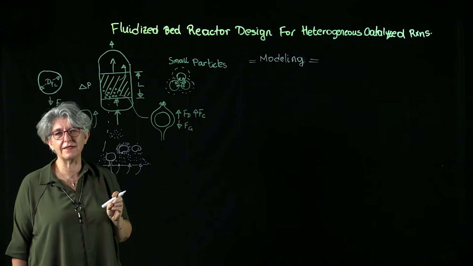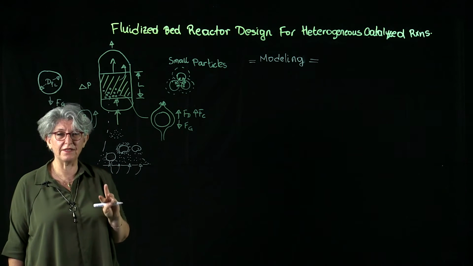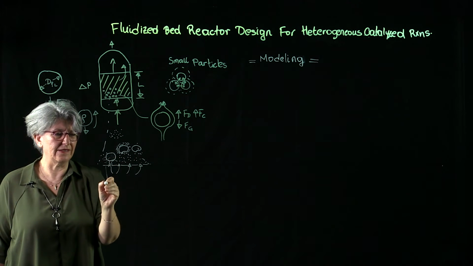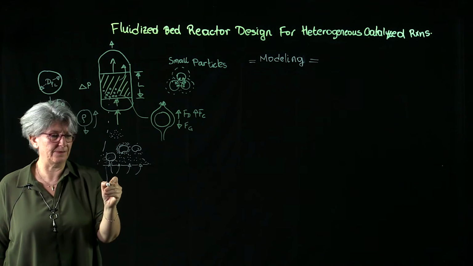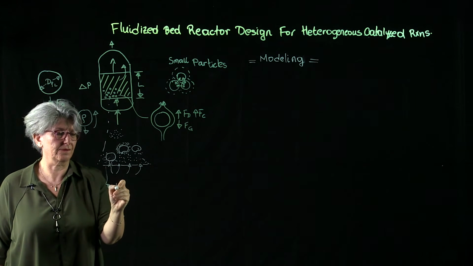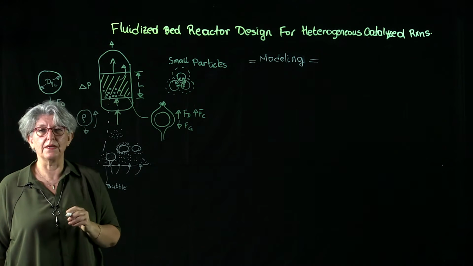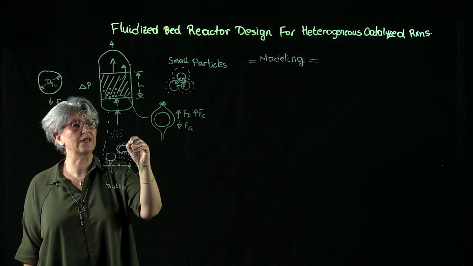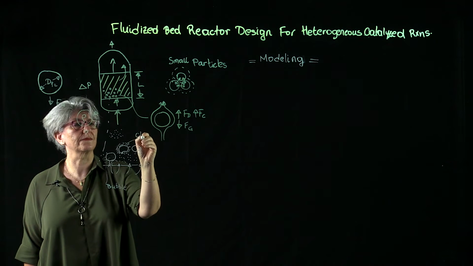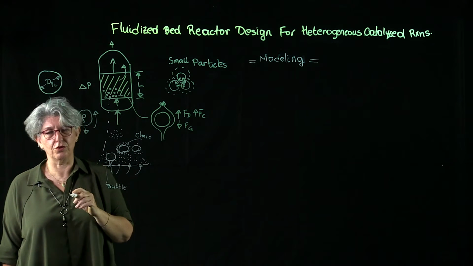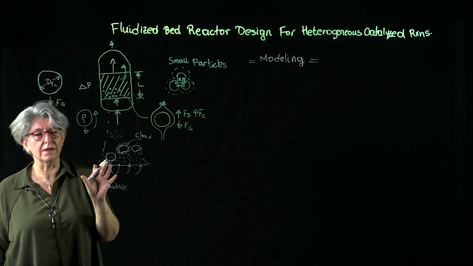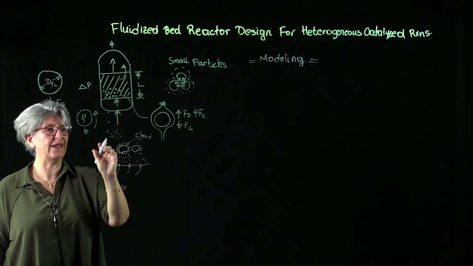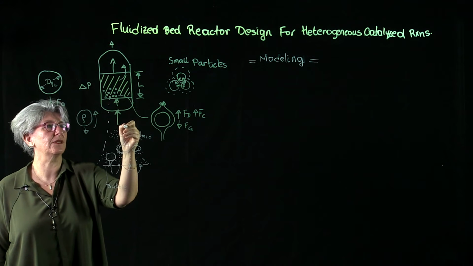Now, how many phases did we create? We have created 3 different phases. One of the phases is the fluid phase, gas phase, the bubble. The other phase is a relatively denser phase, the cloud. The third phase is the bulk particle-fluid mixed phase that behaves like an emulsion.